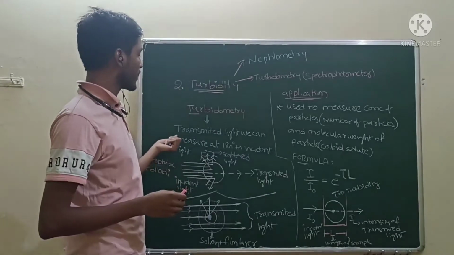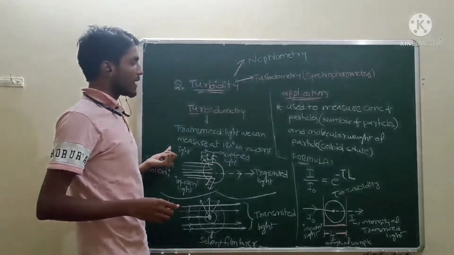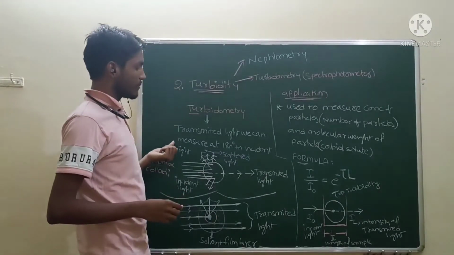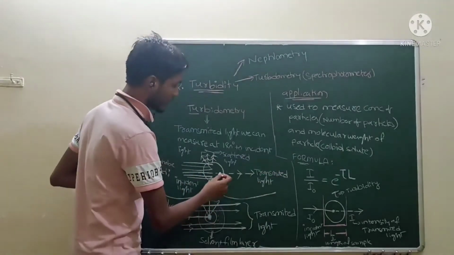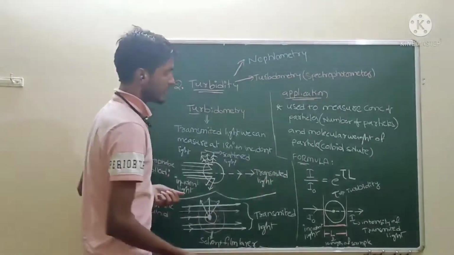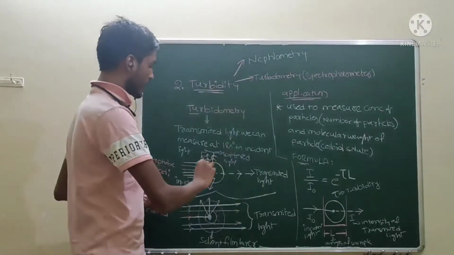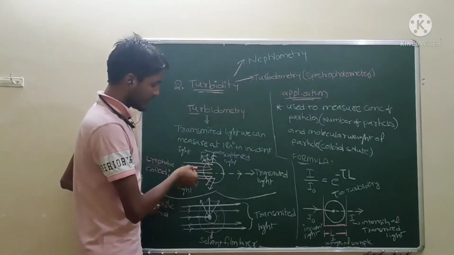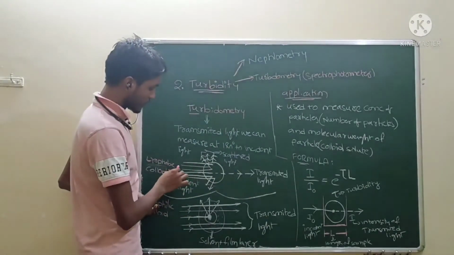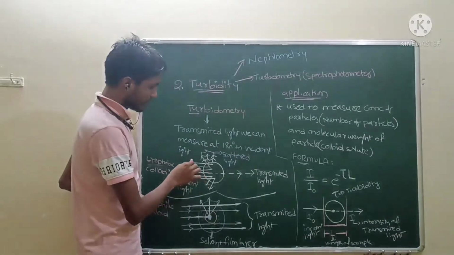In turbidometry, we measure the transmitted light. This is the incident light, the light which is coming from the source.